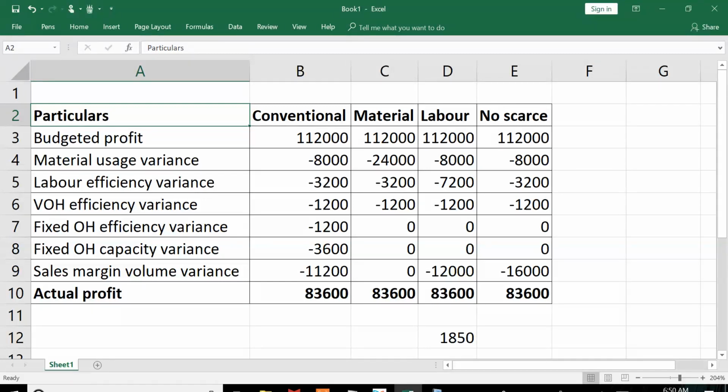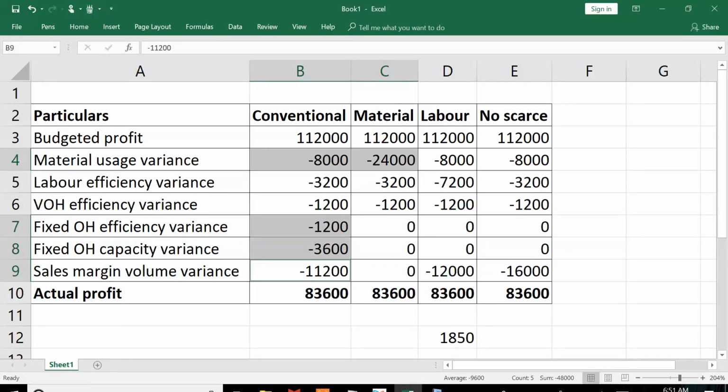All the cases are formally same. Yeah, it has to be same. How the fixed overheads is being adjusted is another thing. How the fixed overhead variance is being adjusted. It is getting adjusted here. No, this 24,000 is nothing but, see, 8,000 plus 1,200 plus 3,600 plus 11,200. Indirectly everything has gone there.